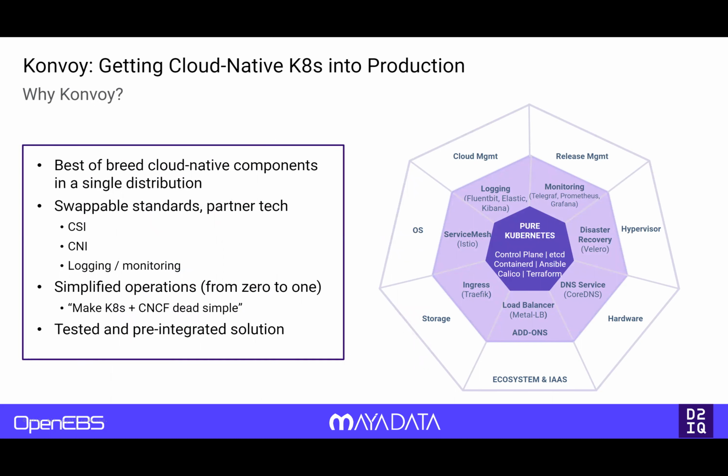So why Konvoy? If you look at the picture to the right, you see Kubernetes in the middle. If you go on your own, this is where you would start. And then you have to make all these decisions on these additional capabilities and add them to your stack.